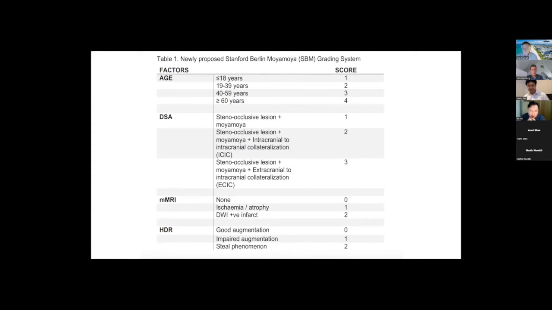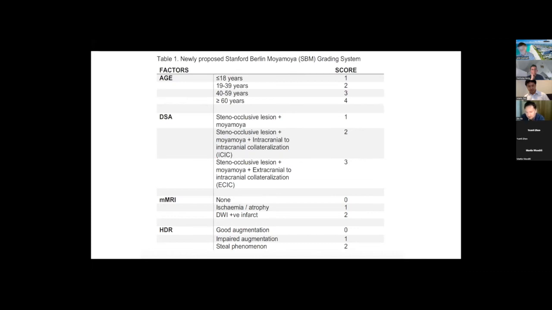You can see according to the DSA, the grade, the score 3, means some spontaneous stoma was already formed from ECIC. Actually, this is a good sign for me, not a negative factor.